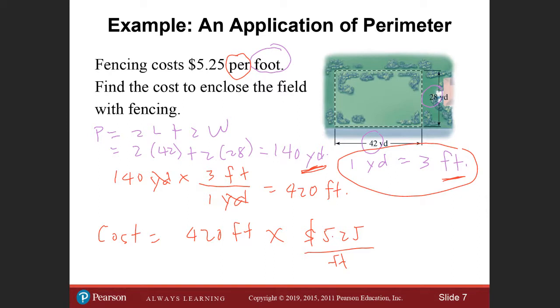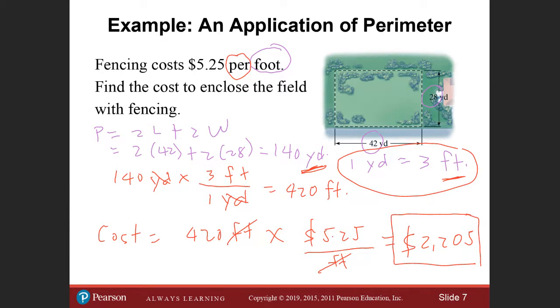We can cancel the unit feet, and then you will have the amount in dollars, the only unit left. Multiplying 420 times 5.25 equals 2,205. That would be the answer, the cost to enclose the field with fencing.